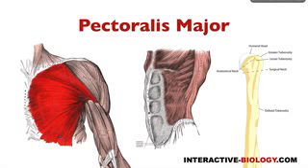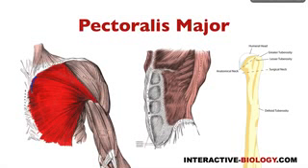And what you'll notice about this muscle, it's a fairly large muscle, relatively speaking, and you will notice that it has a clavicular portion or a clavicular head, and then we have another portion that's called the sternocostal portion.